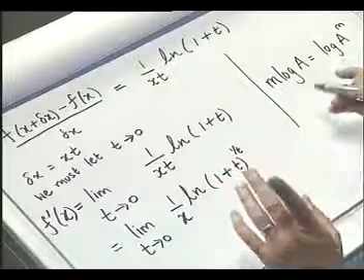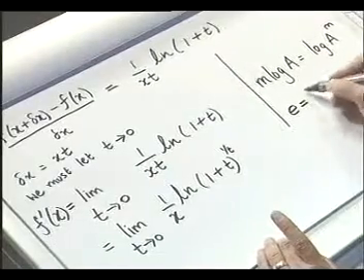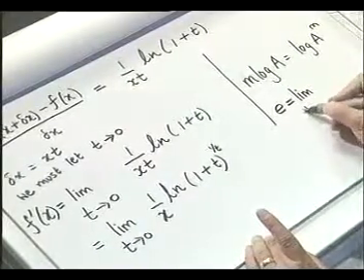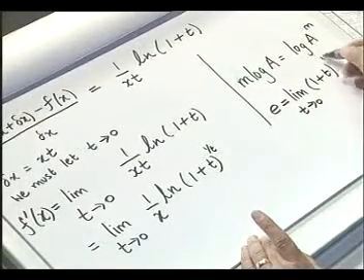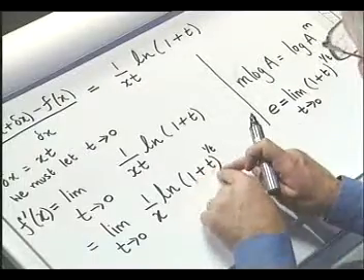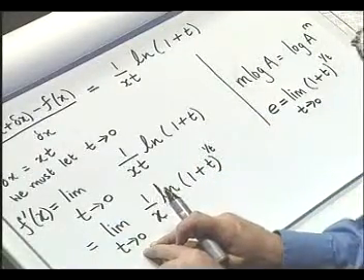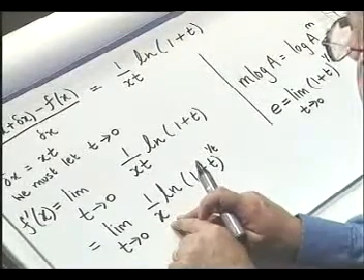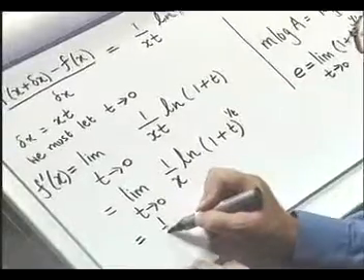Now this is looking much more like that result that we had at the very beginning. Remember the result we had at the beginning about the exponential constant? It said that e was the limit as t tends to 0 of 1 plus t to the power 1 over t. Now, you see I've got the 1 plus t to the 1 over t in here. I've got a limit as t tends to 0 there. The x is fixed. So what we can do is we can leave the 1 over x there.